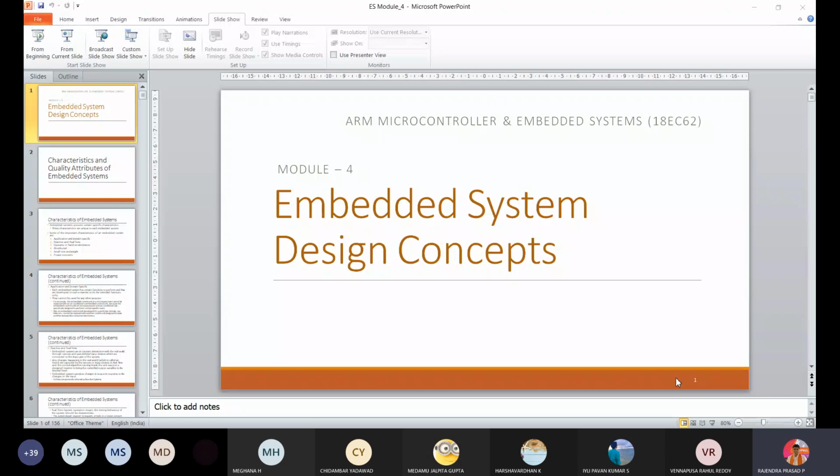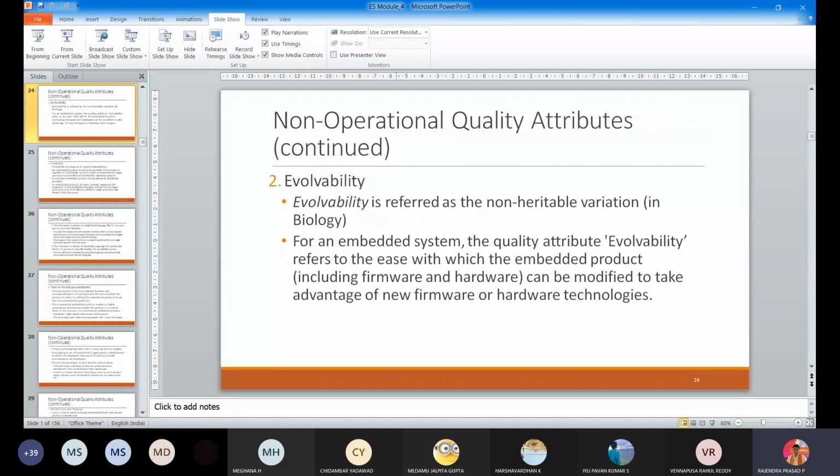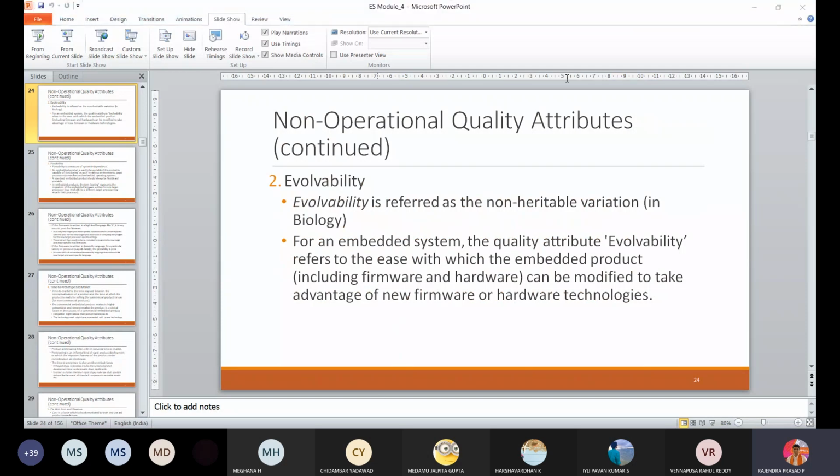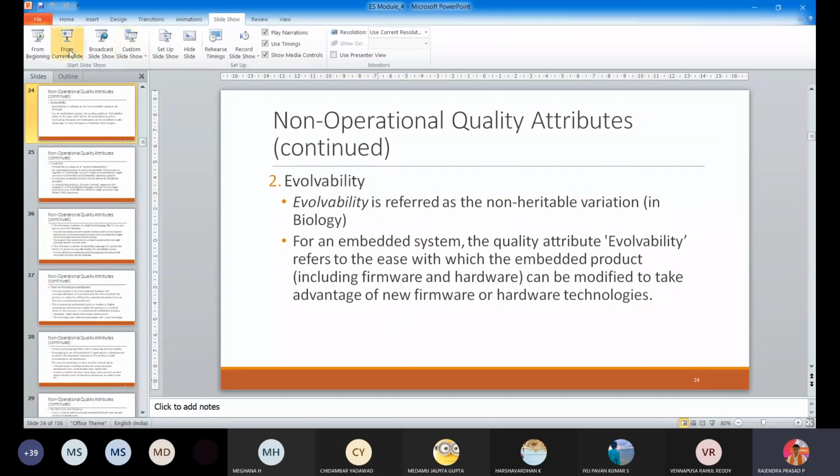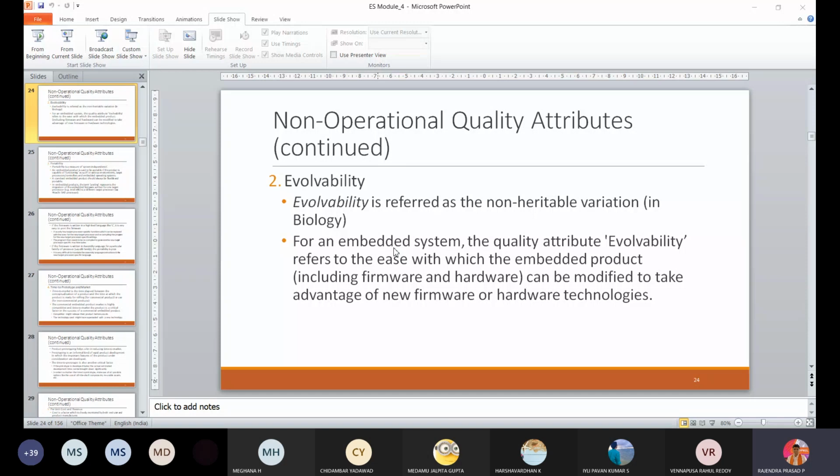I will suggest an i5, right? An i7 you are going to get with a cost of 45,000 plus. An i3 you are going to get around 20 to 25,000.